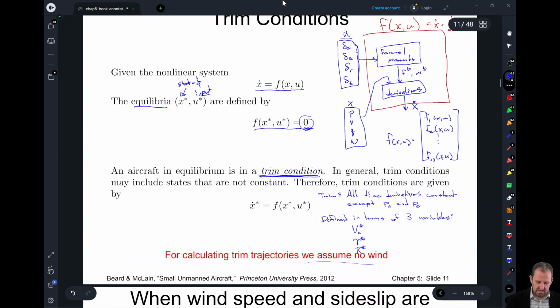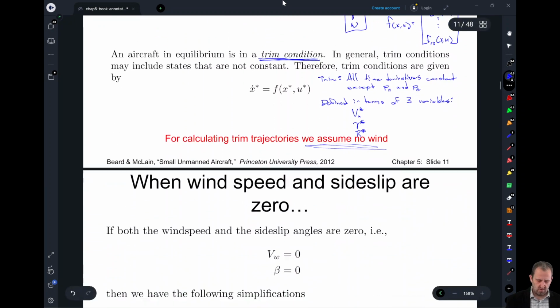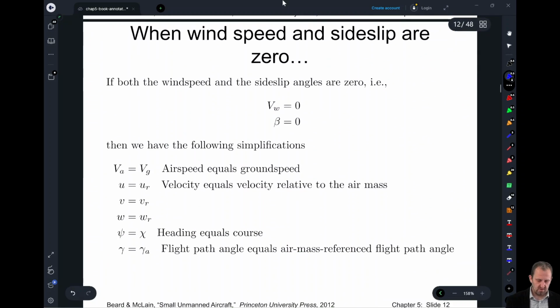When we're designing our trajectories, we're going to assume that there is not any wind. So when wind is 0 and sideslip is 0, those are the conditions we're looking at. Our VA is equal to VG, so our airspeed is equal to the ground speed. In reality, these are stating the exact same thing.